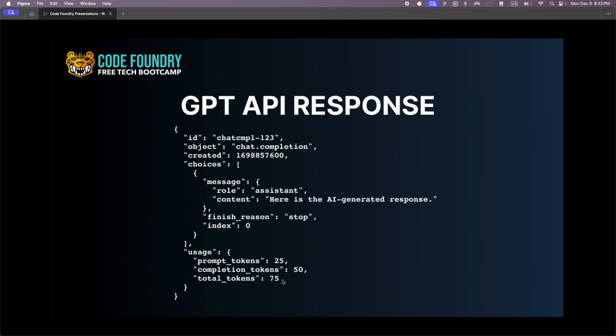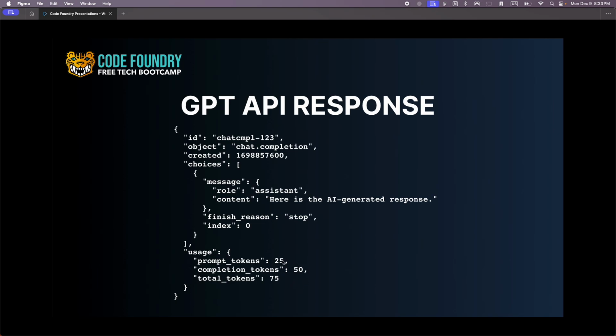But it will take the total number of tokens that you used in your prompt, which was what you asked it, and then it will also add up the number of tokens that it used to return a response. And that total number of tokens will be deducted from your total number of account tokens that you have purchased.